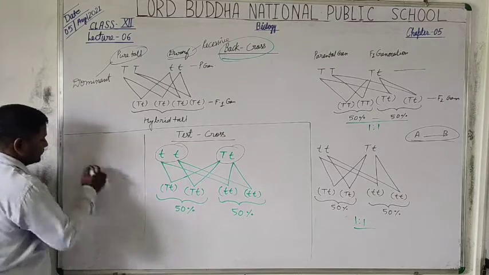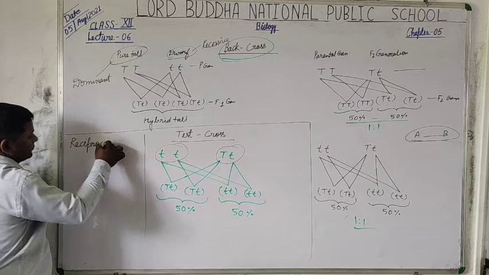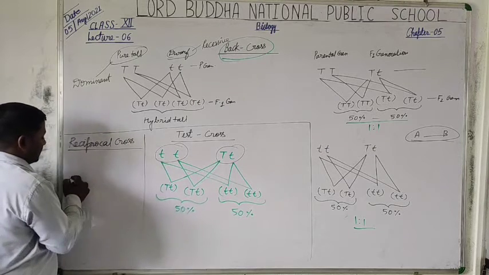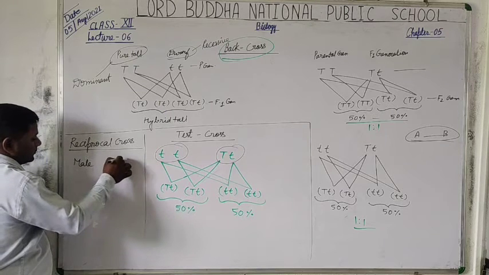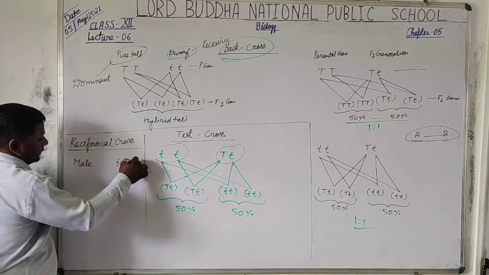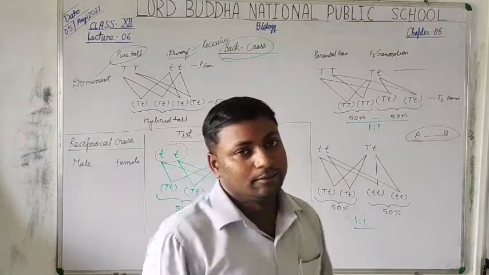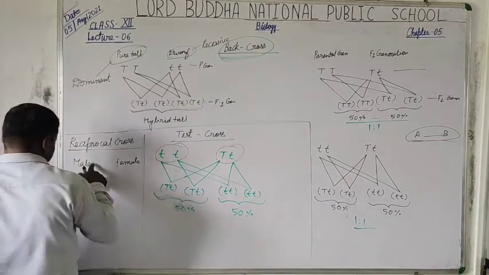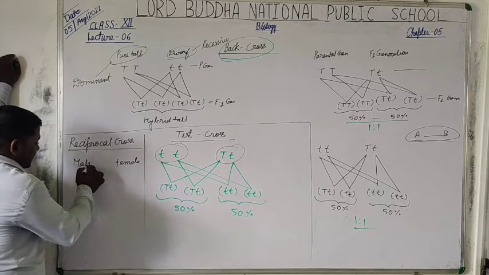Just look here. Reciprocal cross is the cross made when male and female characteristics of plants are found separately. Then the process of cross hybridization is known as reciprocal cross.